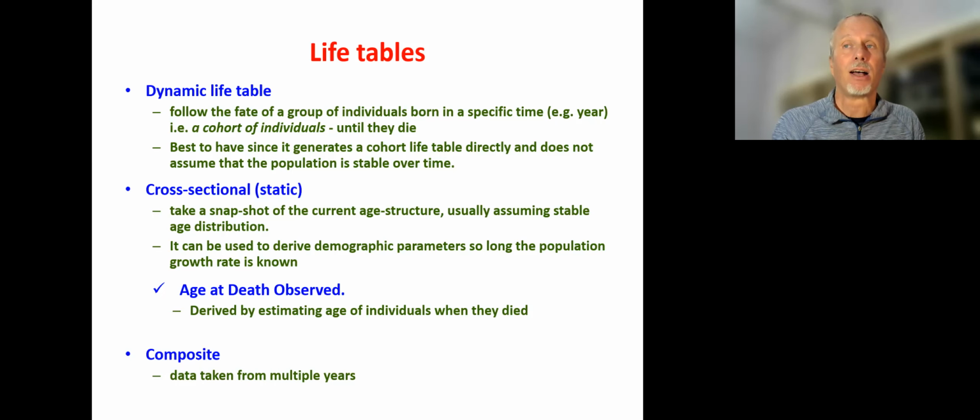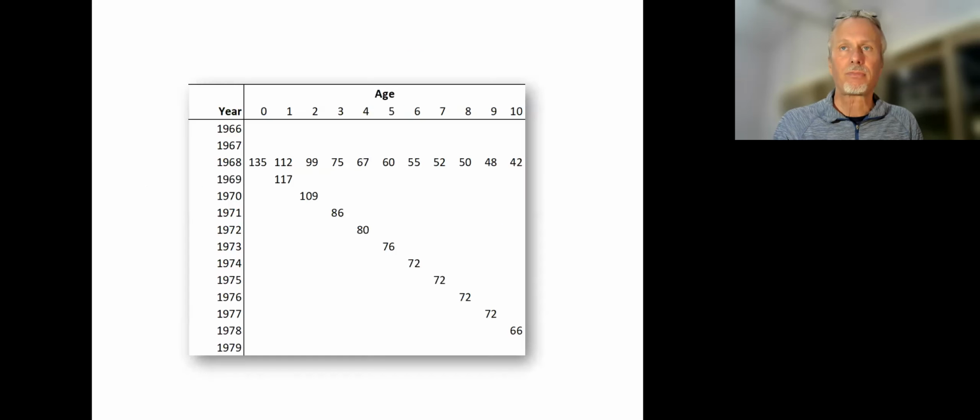And so if we can do that, we can use this information to also derive the basic demographic parameters. And in a lot of cases, we use all the information that is available, and we cross the information to get the best estimation of the demographic parameters.